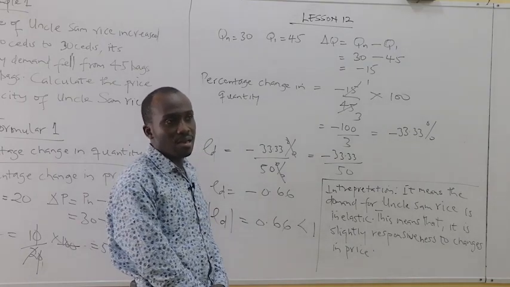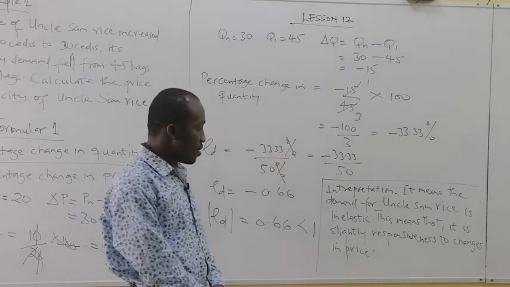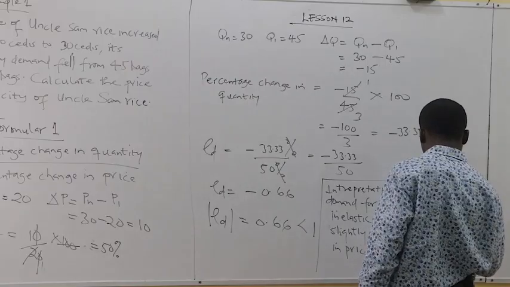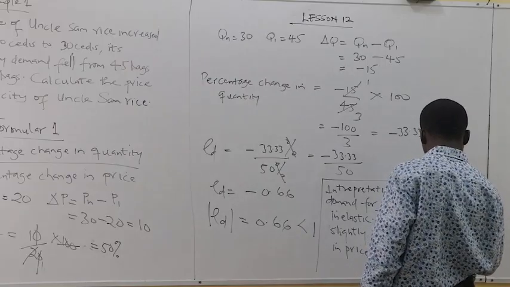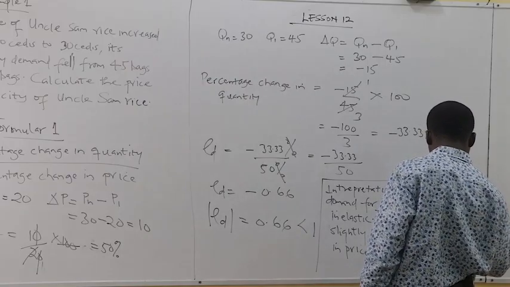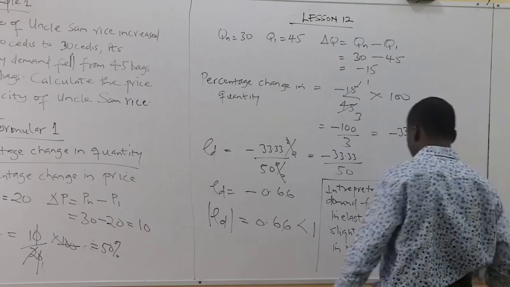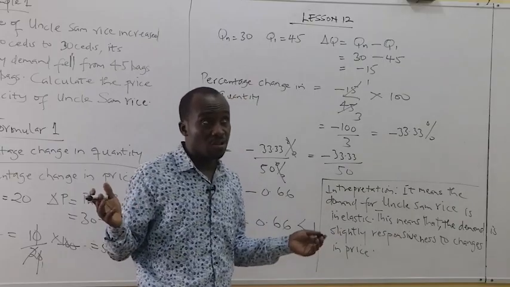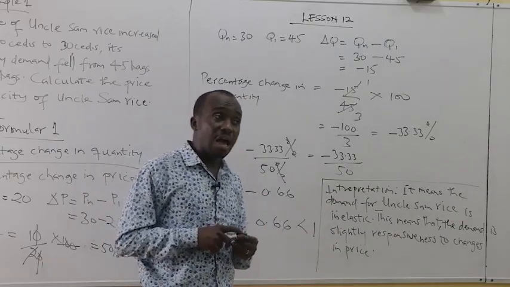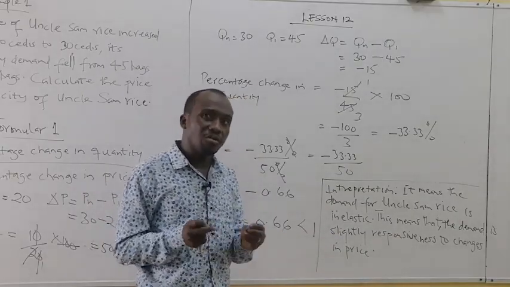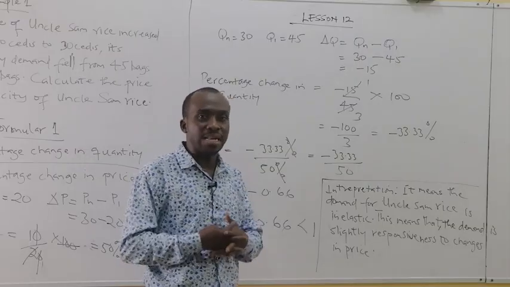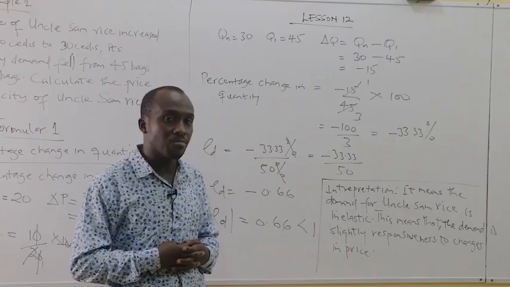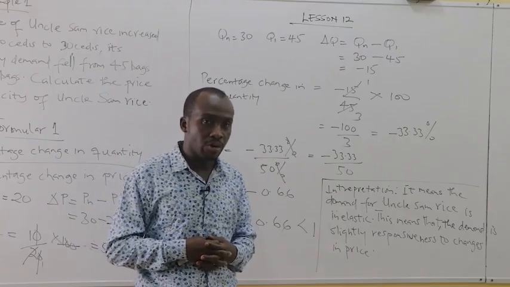So if the price even increases from maybe 100 Ghana cedis to 200 Ghana cedis, only few people stop buying, a lot of people keep on buying, meaning that the demand for Uncle Sam rice in Ghana is inelastic. People like Uncle Sam rice.